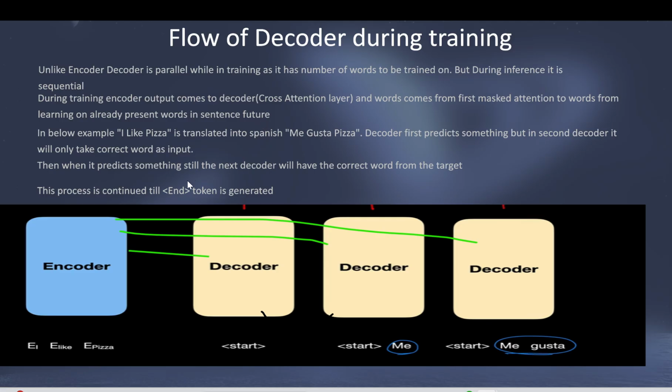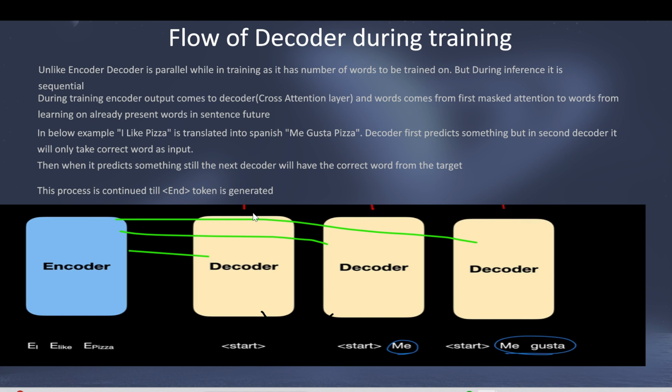So in the training phase, some output matrices will be created in the encoder block. It will be sent into each decoder block along with the current word. This starting is just one token: it is started. Then it will have me and start. This above image is somewhat cut. The red line represents some output.